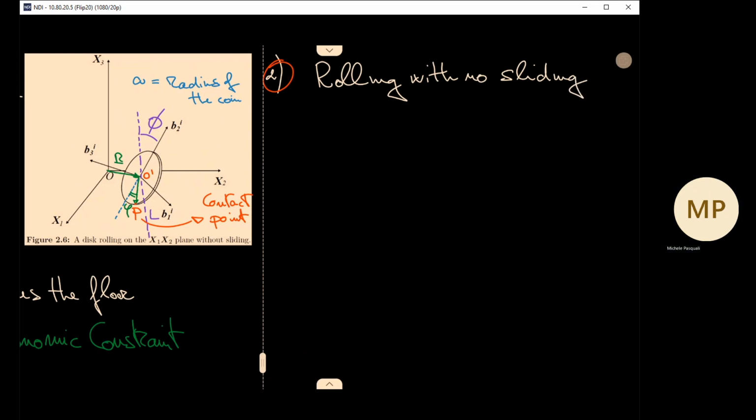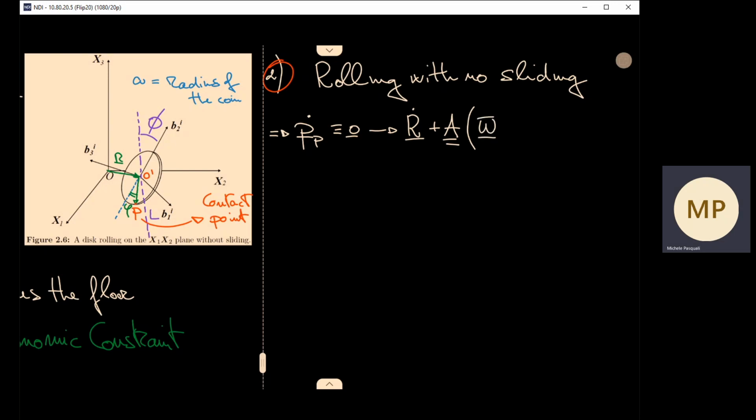We have already said that this should take the form P dot equal to 0. And since this is the expression of a position in the global frame, we can write it as R dot plus A applied over omega vector product R0P, equal to 0.